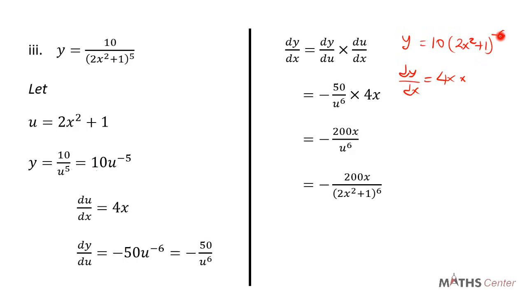The whole fraction, so the negative 5 will drop and multiply. When the negative 5 drops and multiplies, you have negative 5 times 10, which will give us negative 50. And then this gives us 2x squared plus 1 exponent negative 6, because you reduce the exponent here, which is negative 5, by 1. So that will be exponent negative 6. 4x times negative 50 gives us negative 200.